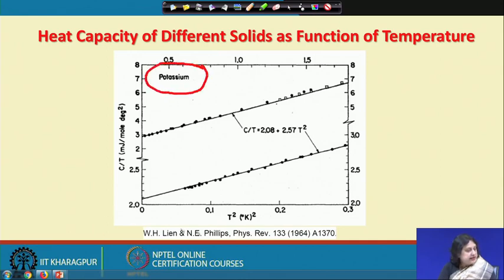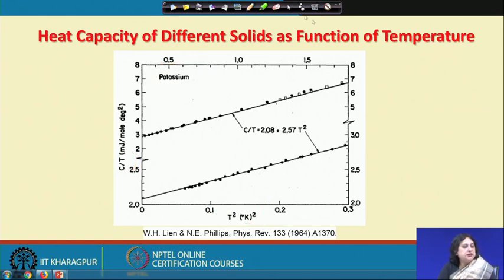Here you can see that along the x axis we are plotting T square, and on the y axis we are plotting C by T. It is found that C by T goes as T square for this system, which means that C at the low temperatures employed here varies as T cubed.